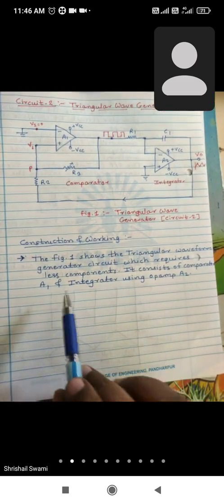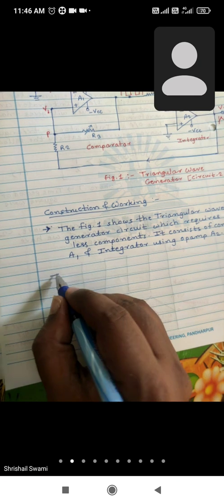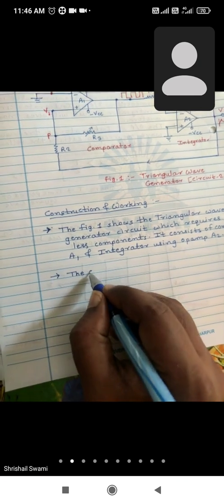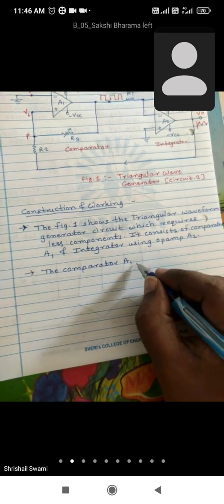So there are two circuits: one is the comparator using A1 and the other is the integrator using op-amp A2. Next point, the comparator A1 compares. So what is the function of this?